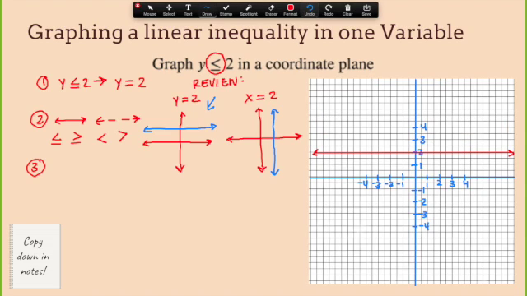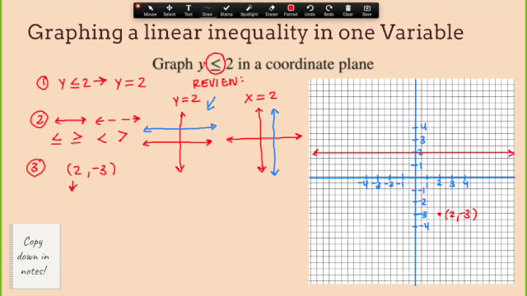I will choose, for example, let's say I'll pick the ordered pair of 2, -3. I know that this ordered pair is obviously below the line, and that kind of helps me identify where I'm going to be shading. And so we get here 2, -3.